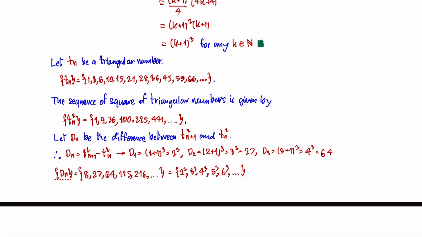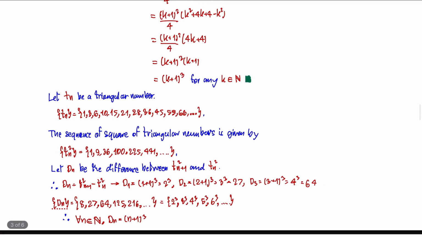So this means that for all positive integers n, we have d_n equal (n plus 1) cubed. So the difference of squares of consecutive triangular numbers is cubic. Okay, all right, that's it for today.